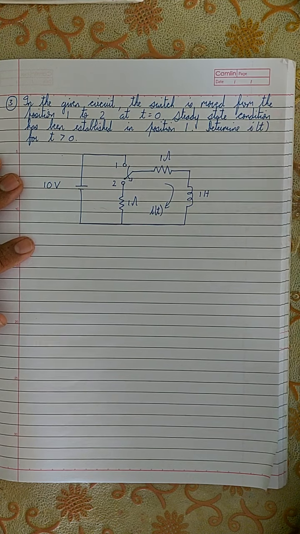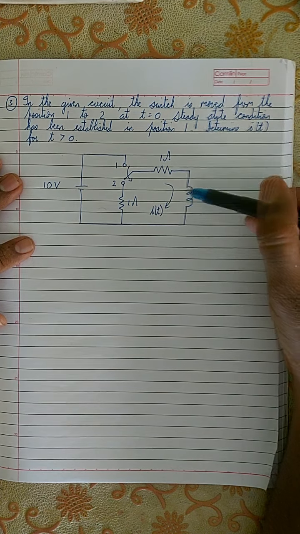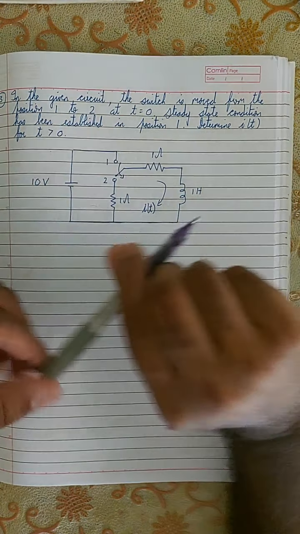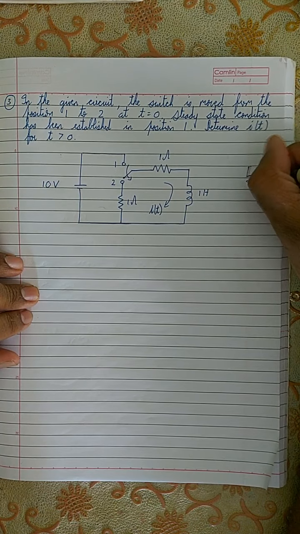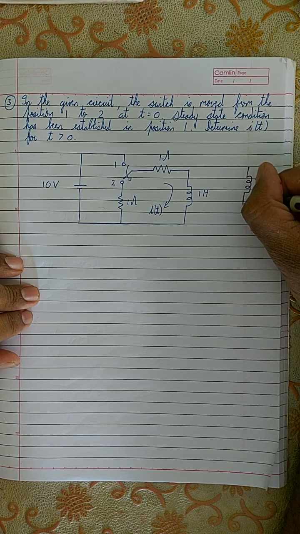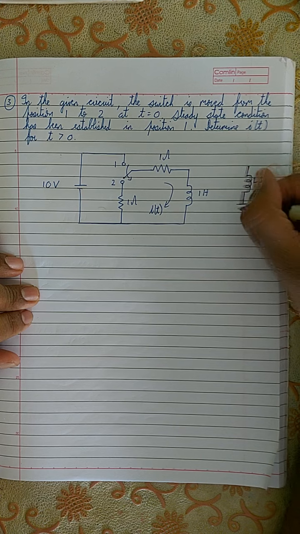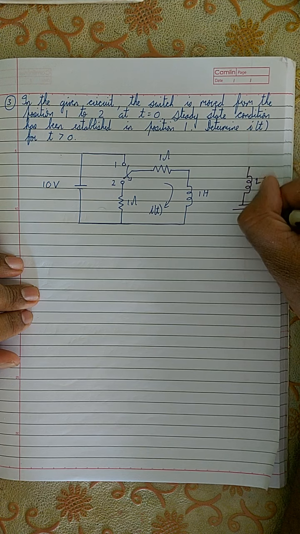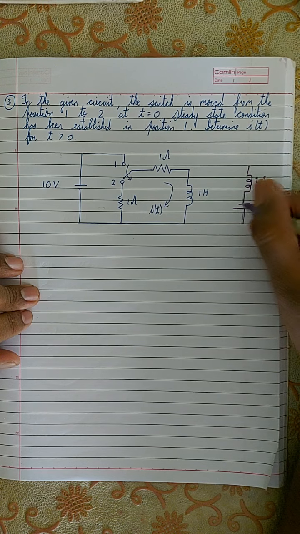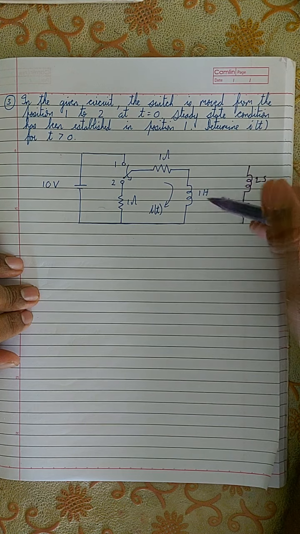What do I mean by initial conditions? If you look at this inductor, the Laplace transform of this inductor is an impedance whose value is Ls, and then there is a voltage source that represents the initial voltage across the inductor.